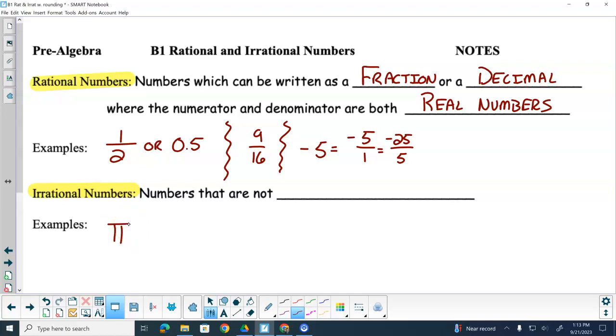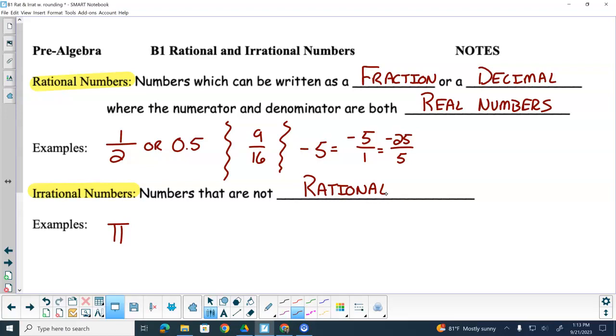So what's the definition of an irrational number then? Numbers that aren't rational. Yeah, exactly. An irrational number is a number that is not rational. So if a rational number can be written as a fraction, we can't write an irrational number as a fraction.